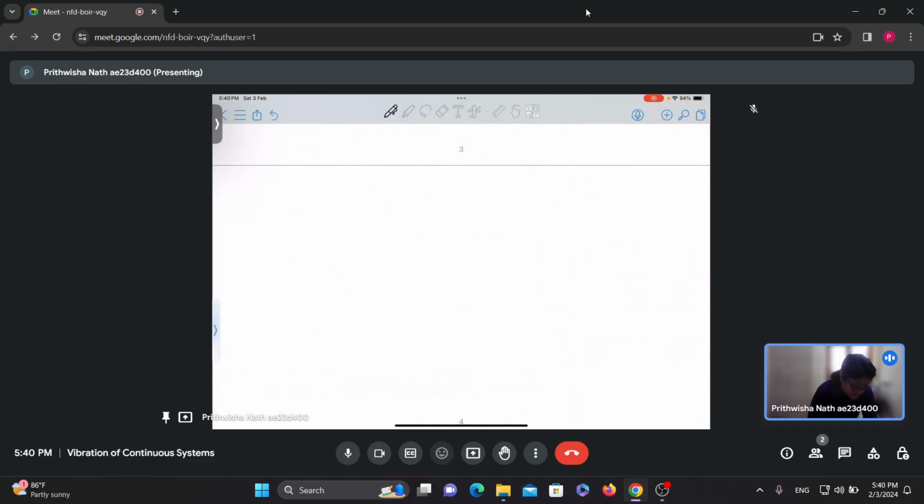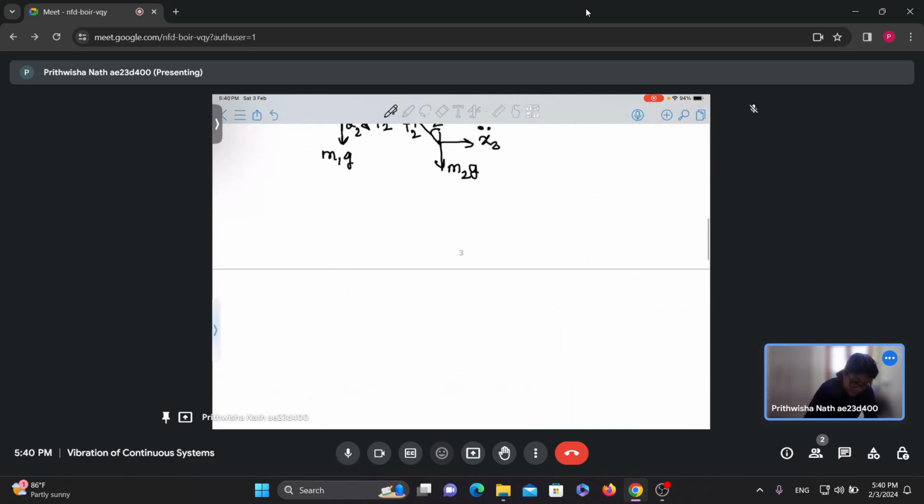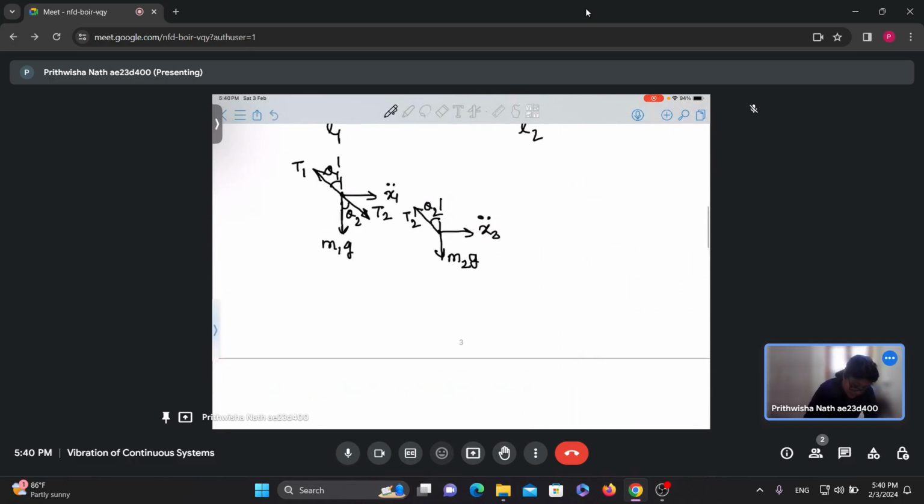As we can see from the image, T2 cos theta 2 is equal to M2G.